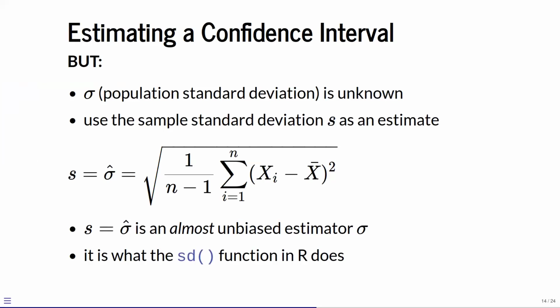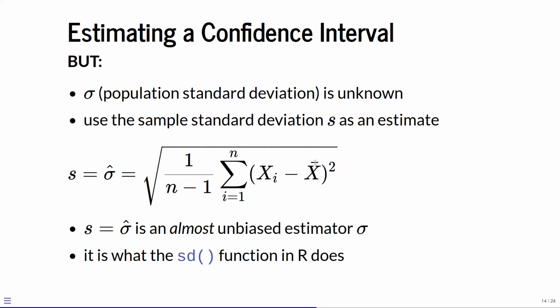But after all of this, here is one problem. We don't know this population standard deviation sigma. In practice, we only have a sample. So we use the sample standard deviation S as an estimate of the population standard deviation.